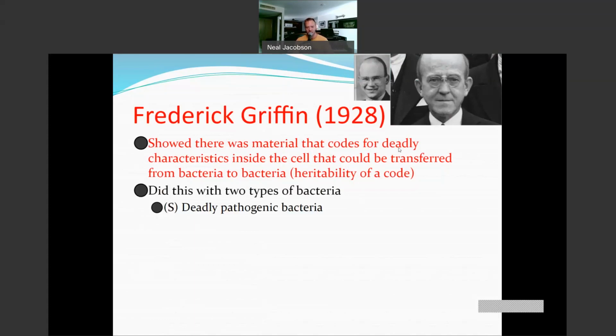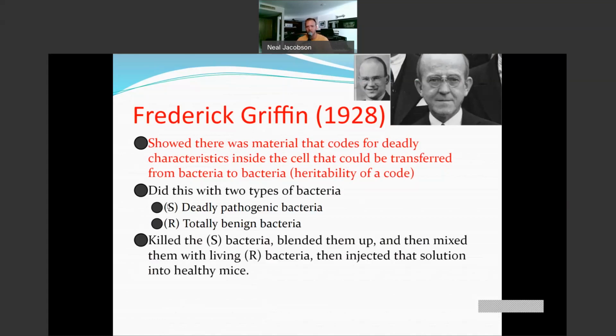Okay, so he did this heritability experiment with bacteria. He had a certain type of deadly bacteria that would kill an organism like a mouse. He had a type of bacteria that was totally benign, something like found in the gut of mice. And so he killed the deadly bacteria, he blended them up, and then he mixed that blended up deadly bacteria, which was no longer alive, in with the living, non-deadly or benign bacteria.